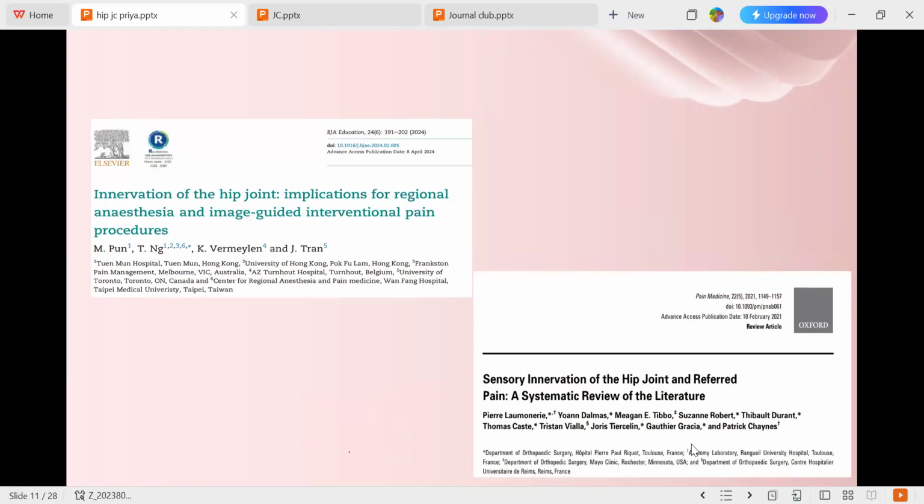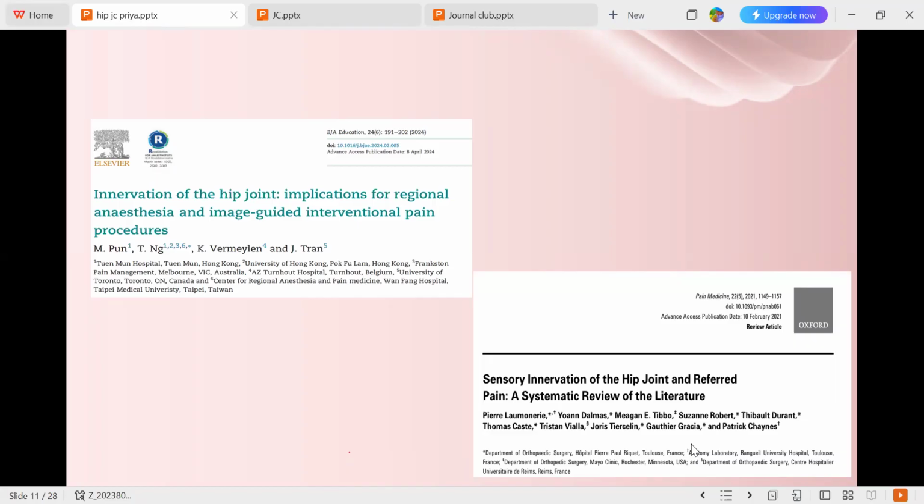These are the articles which emphasize the innervation of the hip joint, on both the anterior and posterior capsule, and they explain the articular branches. When we take the femoral nerve, there are high articular branches and low articular branches. The obturator nerve has about 98% supply to the anterior hip capsule, but the femoral nerve has only 96%.